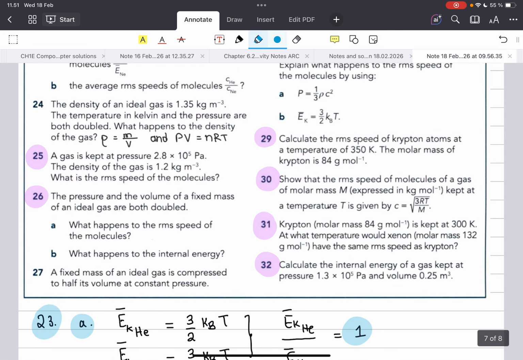Let's go to 26. I'm going to answer 26 on the question itself. It says the pressure and the volume of a fixed mass of an ideal gas are both doubled.